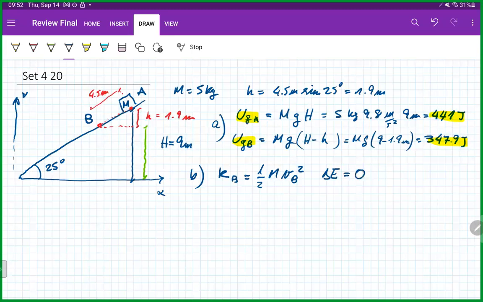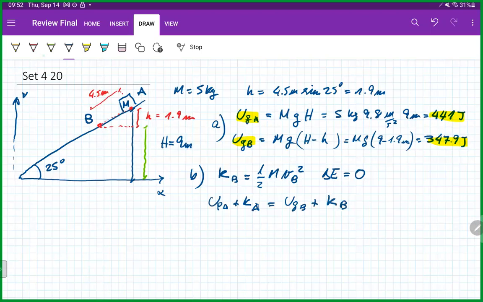There is no work of dissipative, non-conservative forces. So we can say that the gravitational potential energy of A plus the kinetic energy of A equals the gravitational potential energy of B plus the kinetic energy of point B.